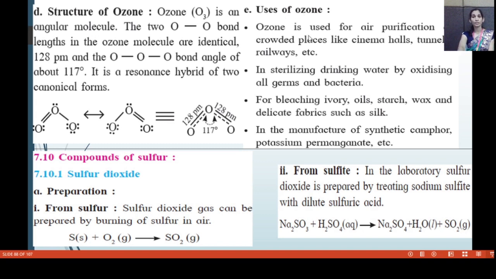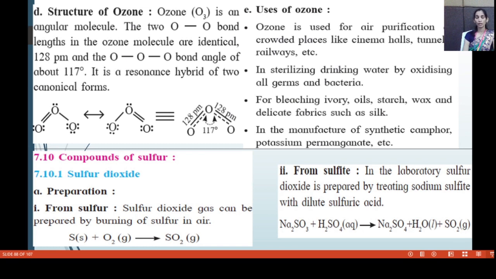Now some uses of ozone. Ozone is used for air purification at crowded places like cinema halls, tunnels and railways. It is used in sterilizing drinking water by oxidizing all germs and bacteria.